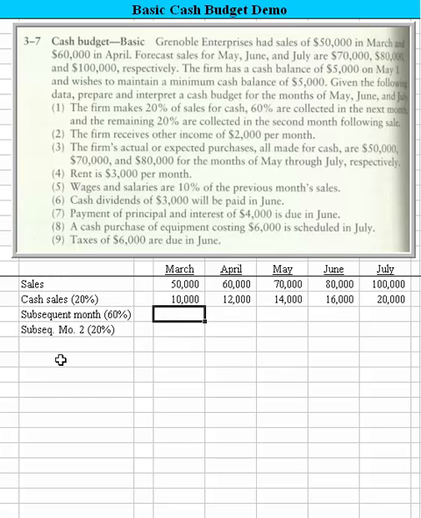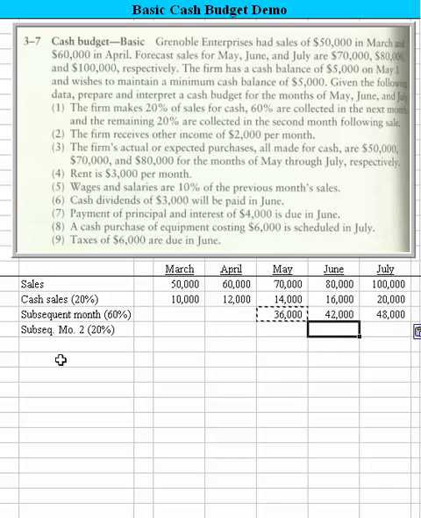If we calculate that, we're going to take the amount of sales from above. We're only interested in May, so let's start there: that amount is going to be equal to lagged 1 month times 60%. You see how I'm dragging that? So I come up with 36,000.